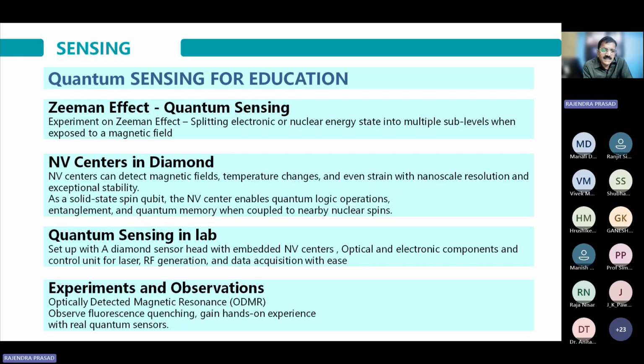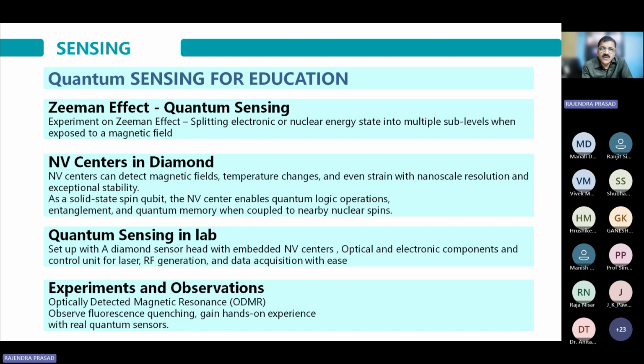So in the lattice, we use this nitrogen connected to the vacancy as the quantum particle or bit to use for this operation to do the quantum sensing. These NV centers are very sensitive to changes.